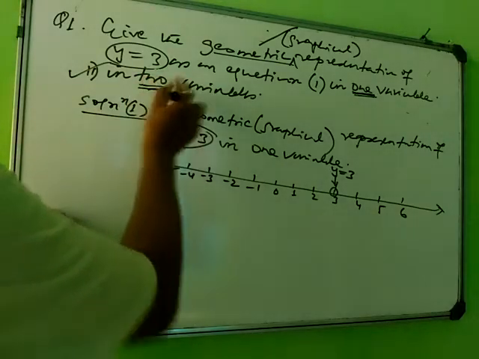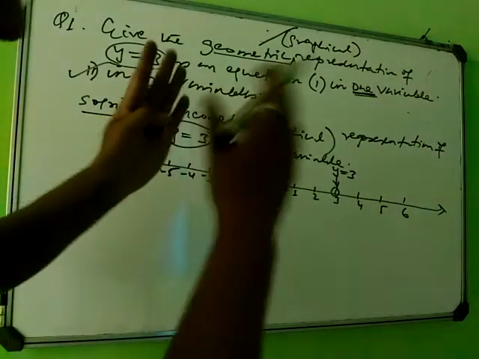Here the variables are 2. That means now the Cartesian plane will come.